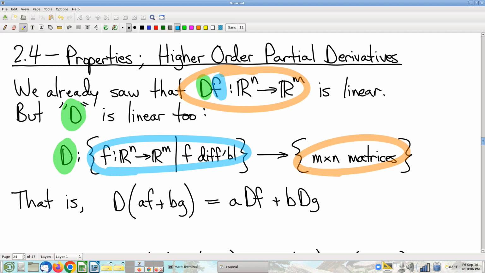And so it's a significant observation to note that the act of differentiation, D itself, is also linear. We're not talking about DF. DF is a matrix. Of course it's linear. We're talking here about D, the act of differentiation, the act of turning a function into a matrix. This process here is linear, in the sense that if you put a linear combination in, you get a linear combination out.